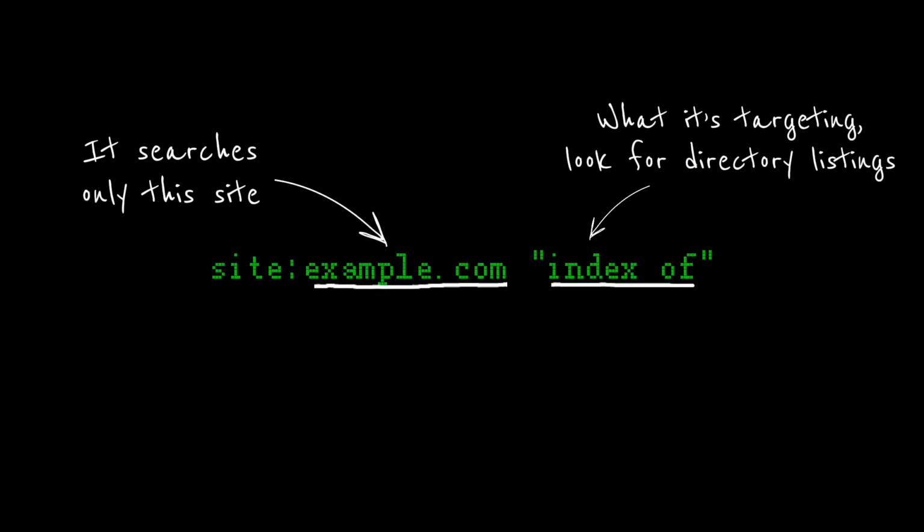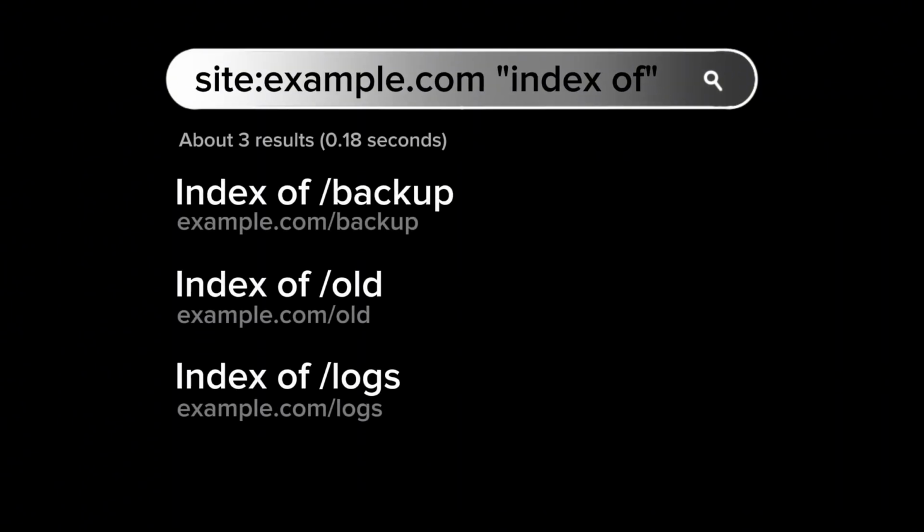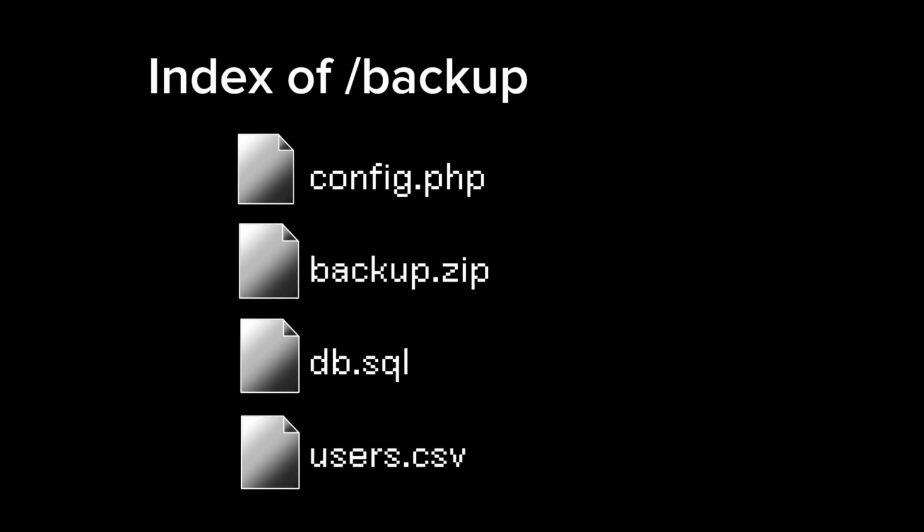It only works if the site accidentally exposed files. Press enter and Google shows a normal search results page, but only with the pages that match the filters you gave. This shows exposed folders which often contain backups, old site versions, logs, documents, or config files.